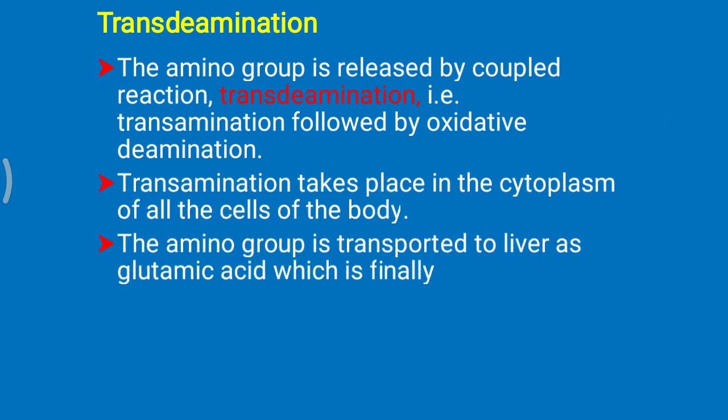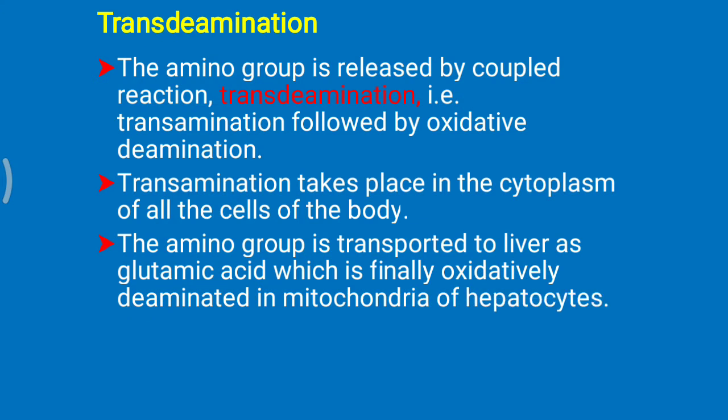The amino group is transported to the liver as glutamic acid, because ultimately alpha ketoglutarate is converted into glutamic acid or glutamate, which is finally oxidatively deaminated in the mitochondria of the hepatocyte. So transamination occurs in almost all tissues, while deamination occurs only in the mitochondria of the hepatocyte, or liver cell.